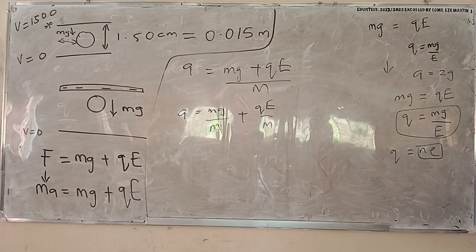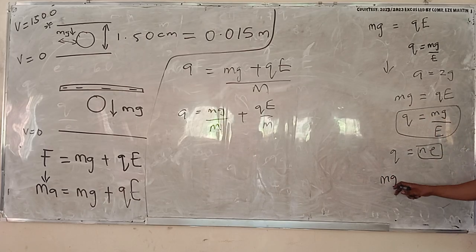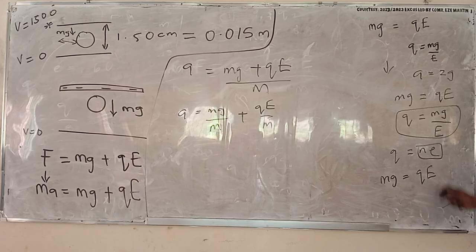So it's all about knowing the occasion for something. That is why it looks as if in physics there are so many formulas, but it's all about the occasion. Why is this so? If you remember the QE that I introduced in the first place, it was from mg equals QE, where I said replace the ma that is supposed to be there with QE.